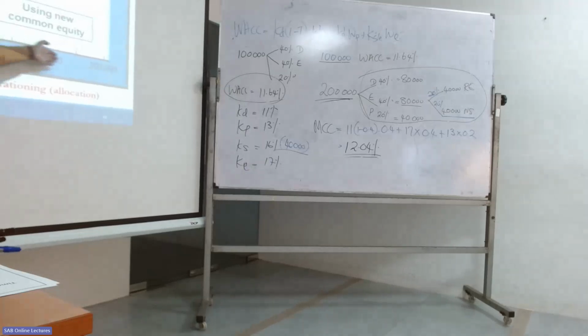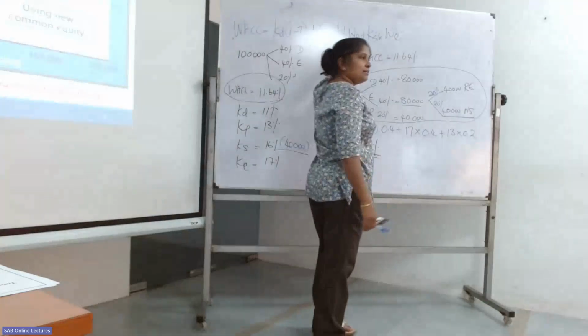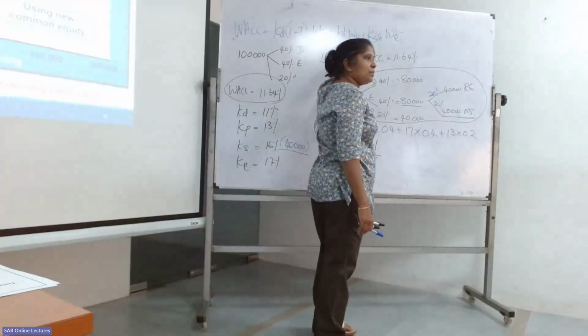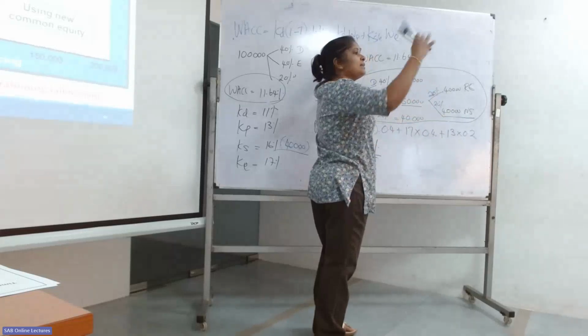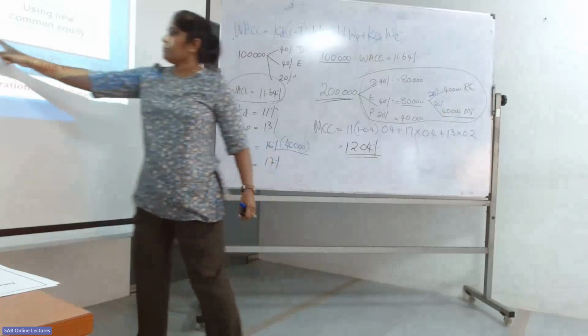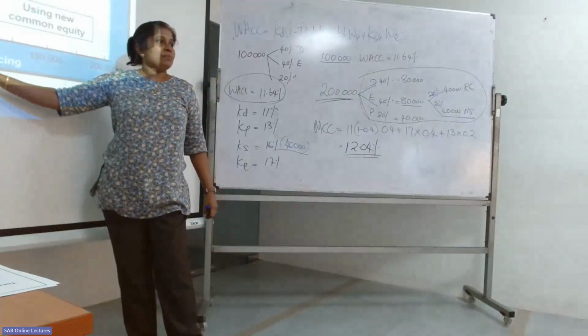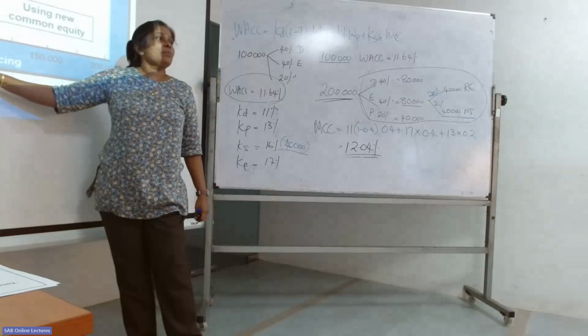When our fund raising goes beyond this 100,000, a break point comes. The retained earnings are finished at 100,000, so beyond that capital we have to raise new funds. This is our first break point, at 100,000 capital requirement.